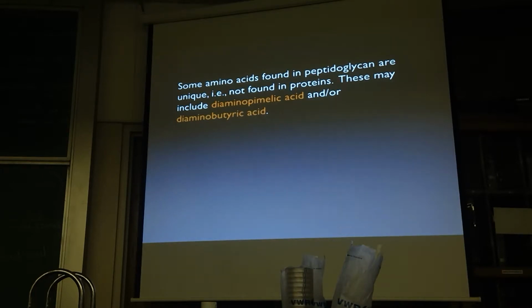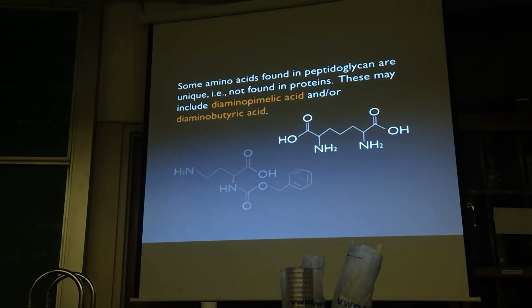You have a certain number of amino acids. The peptide chains in bacteria have some amino acids that are never found in proteins. They're weird. So we have diaminopimelic acid and diaminobutyric acid. These are amino acids never found in proteins, but they show up in peptidoglycan. So this is kind of another unique feature of peptidoglycan.